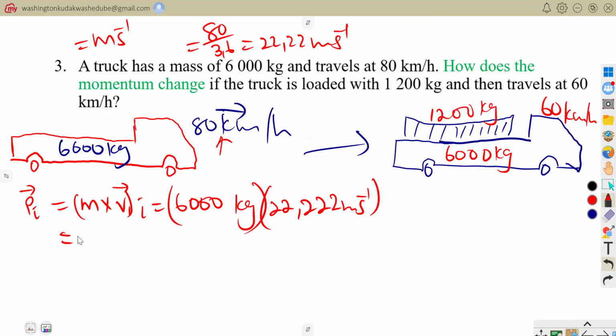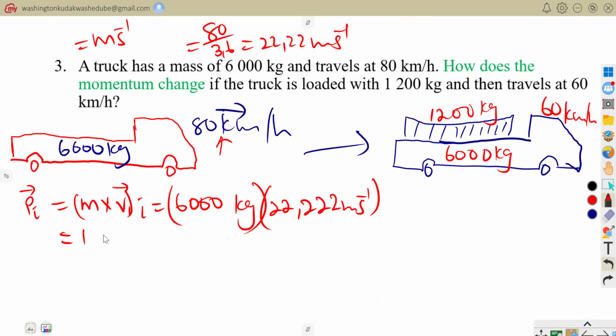And what becomes our initial momentum? Allow me to use my calculator, whilst you are also using your calculator. 22.222 times 6,000 gives you 133,332.